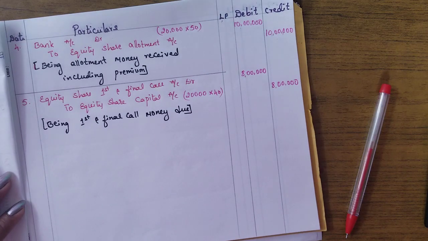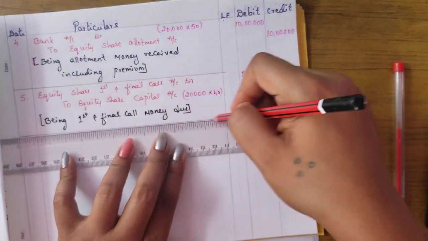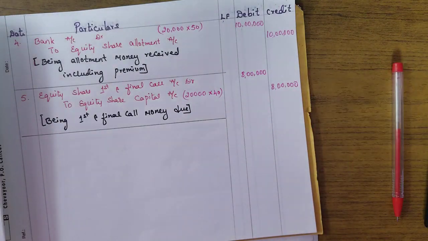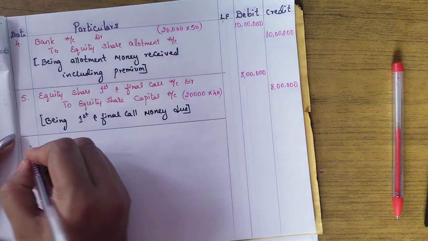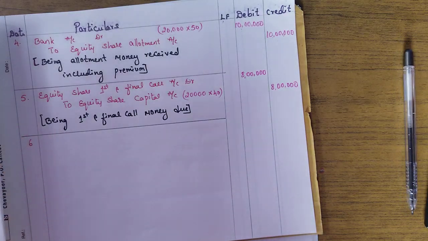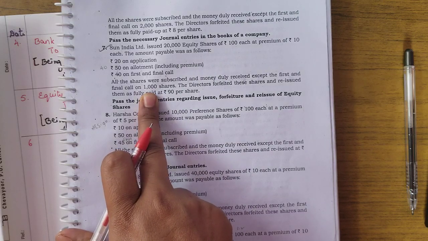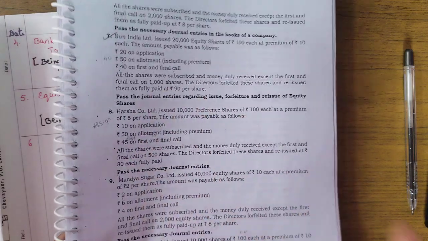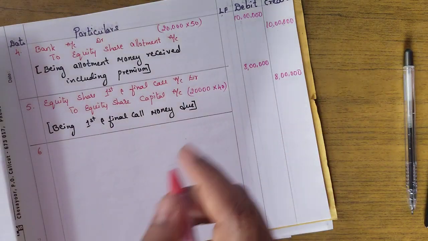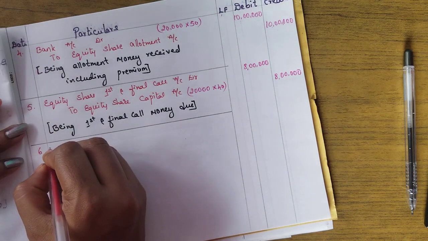Okay, so once the first and final call money due is done, we are going to receive the amount. Here it is very clearly mentioned they have not received 1,000 shares amount in first and final call. So calls in arrears is already there. Okay, we have to create calls in arrears.